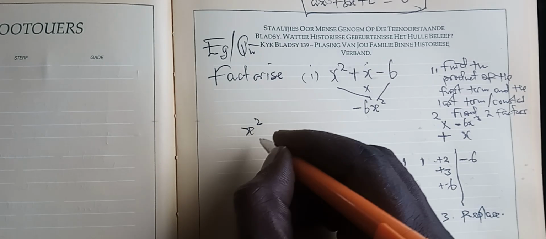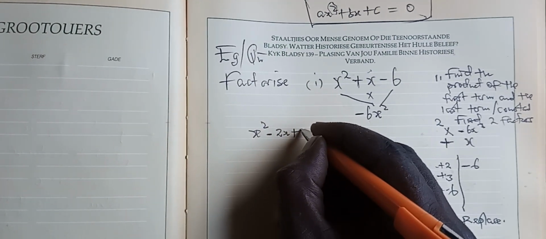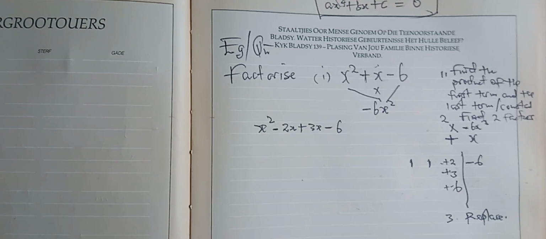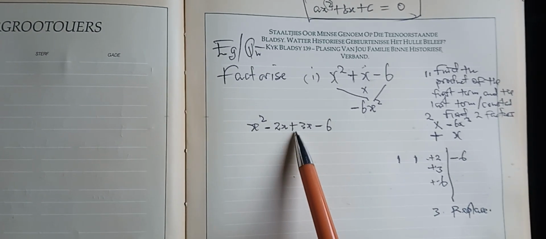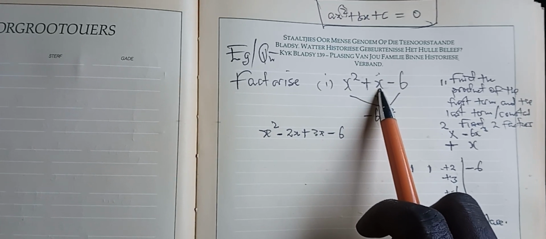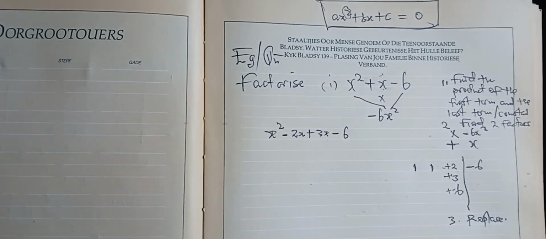So we are going to have x squared minus 2x plus 3x minus 6, such that when you say negative 2x plus 3x, you get a positive x. So this is simply rewriting the quadratic expression.